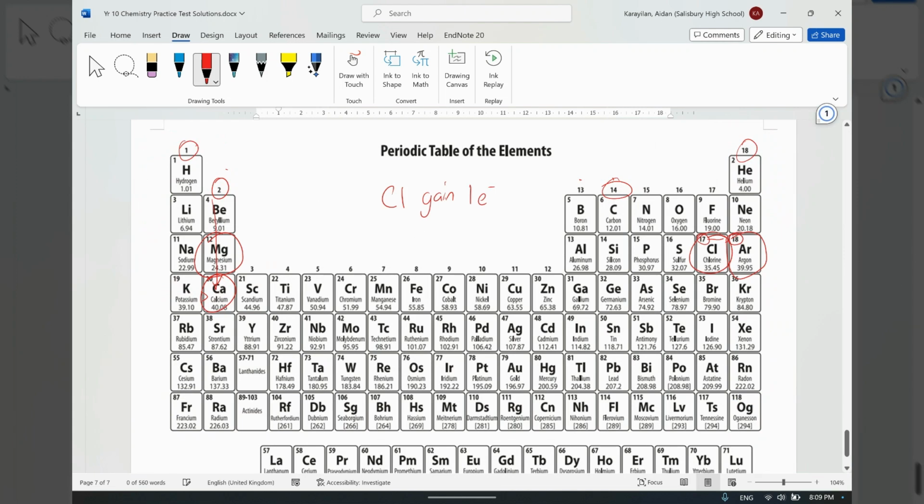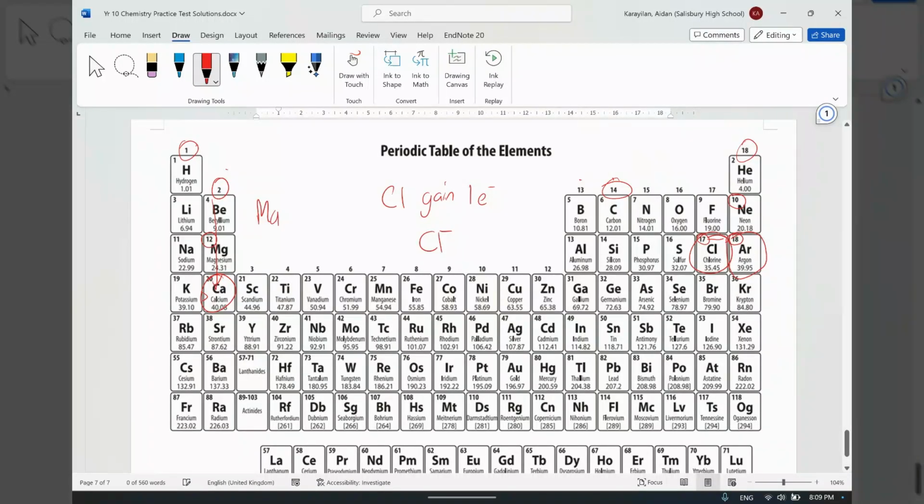And if it gains one electron, it's going to go from neutral chlorine to Cl minus. So that is a 1 negative charge. Magnesium, on the other hand, is number 12. And 12 is closest to neon, the nearest noble gas.